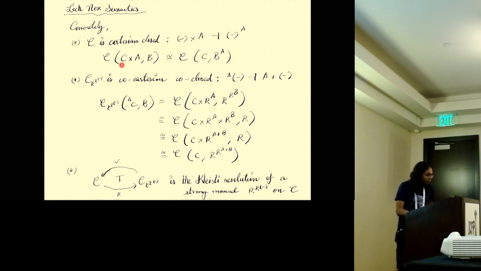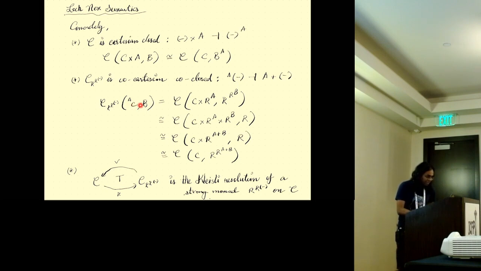So if you have a program from C times A to B, you can curry it and go from C to a function A to B. And if you take the Kleisli category of the continuation monad on C, so I fix a result type R, then you get this coexponential adjunction, which means if you started with sums, then A plus blank is a coproduct functor, and it has a left adjoint, and this is the coexponential. So how do you compute it?